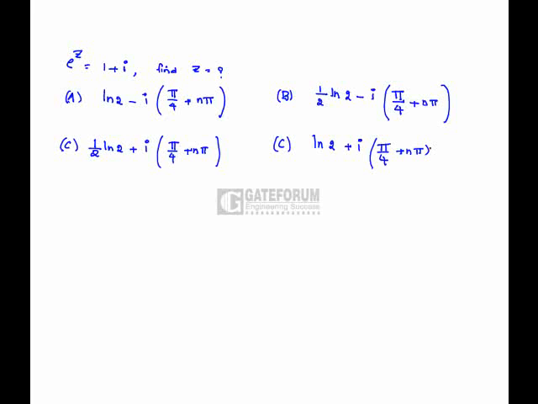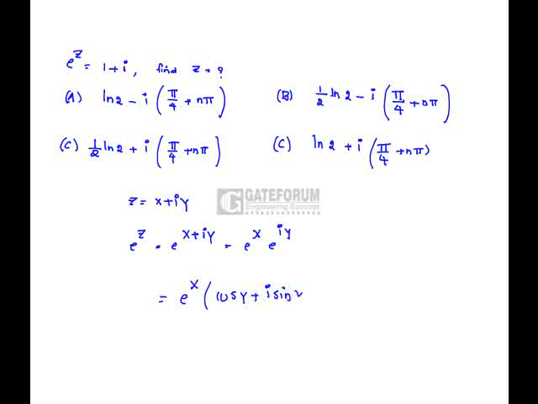E power z equals 1 plus i. Find the value of z. Here we can write z as x plus iy. So e power z is nothing but e power (x plus iy), so e power x into e power iy. e power iy can be replaced with cos y plus i sin y, which equals 1 plus i.